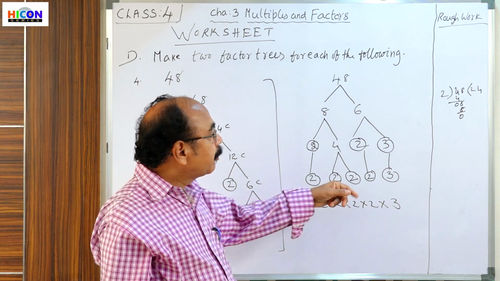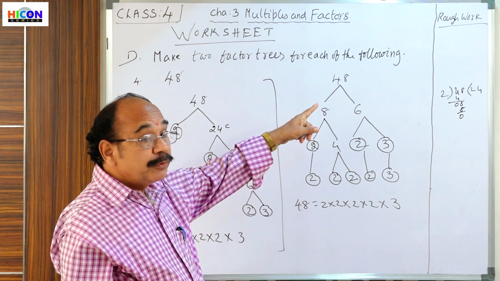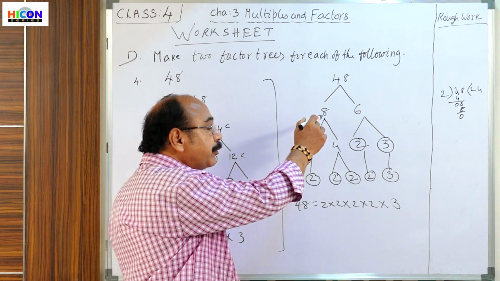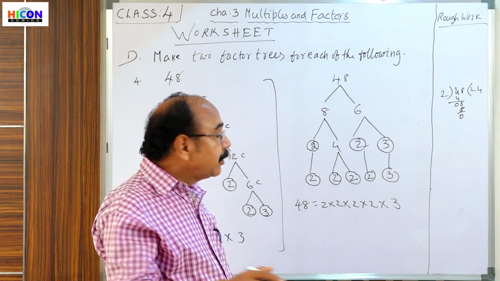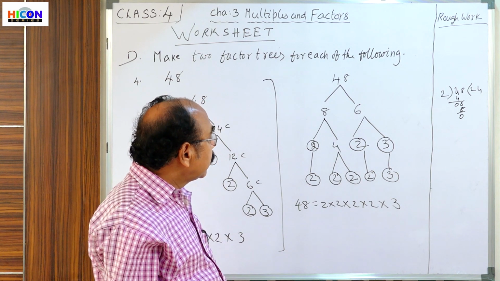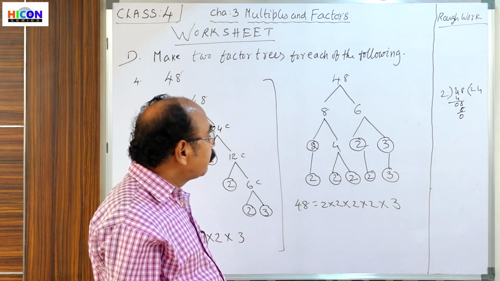These are all prime numbers. In the first step, 8 and 6 are composites. If you get a composite, immediately break it into two factors, like this in each and every step.